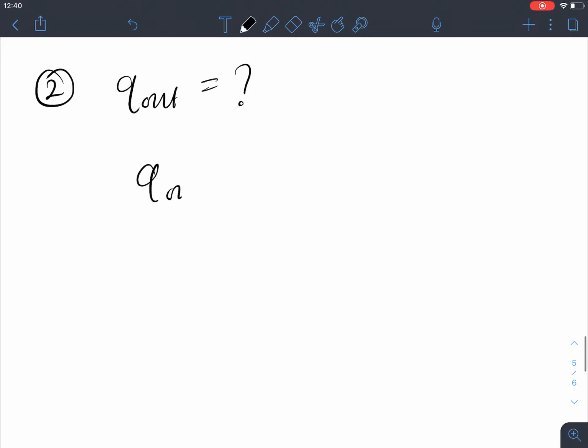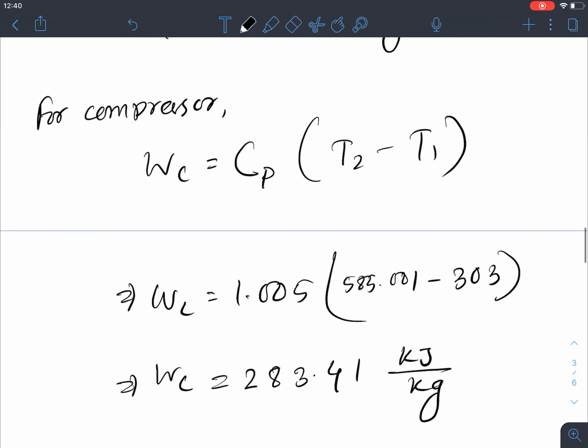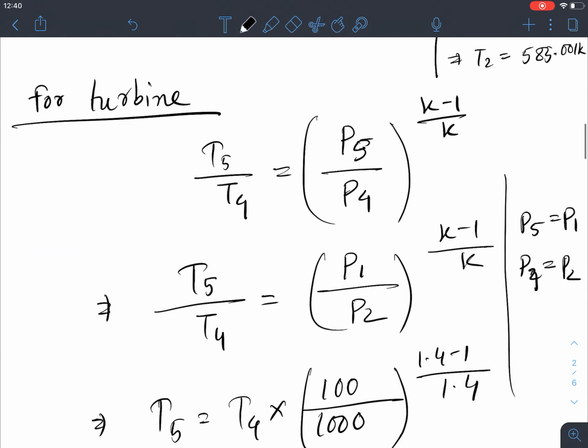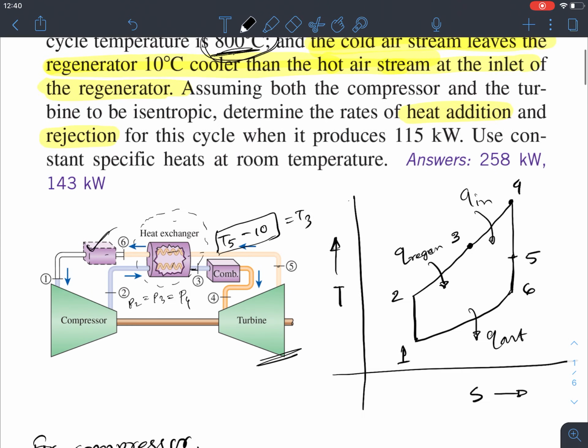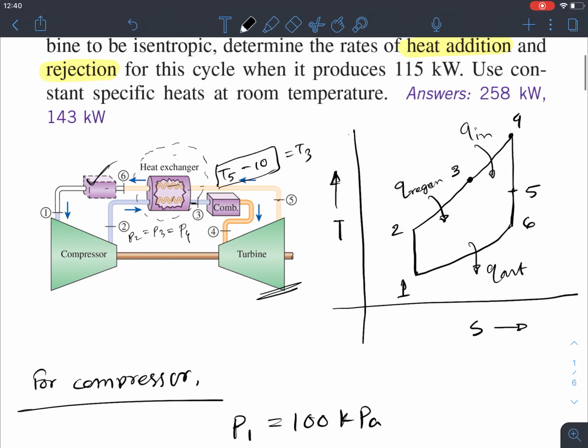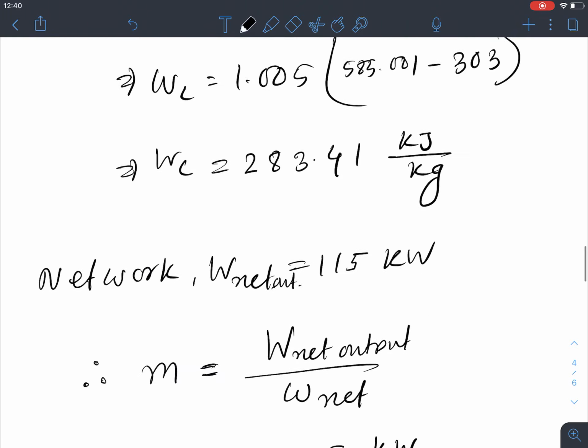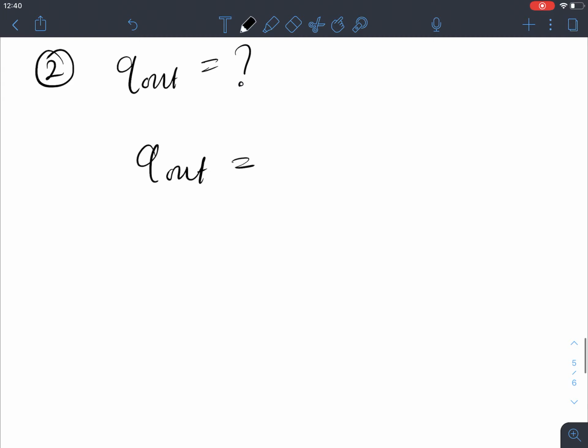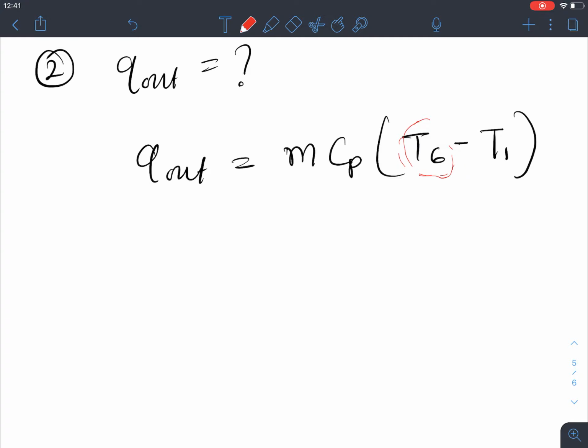So for the Q out formula, heat rejection is happening in this cycle, from 6 to 1. Here is where the heat rejection, or heat out, is happening, right? So the Q out equals, now we don't know the temperature T6. What is that temperature, right?